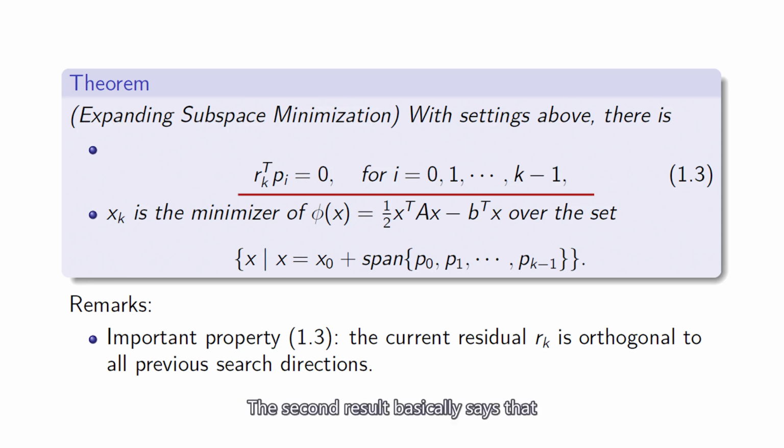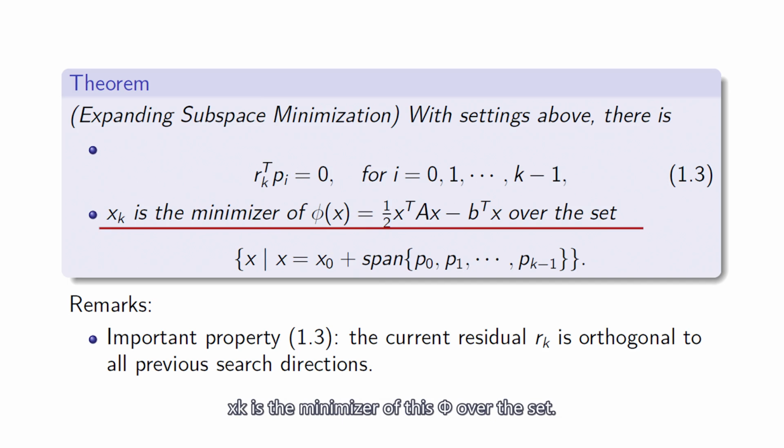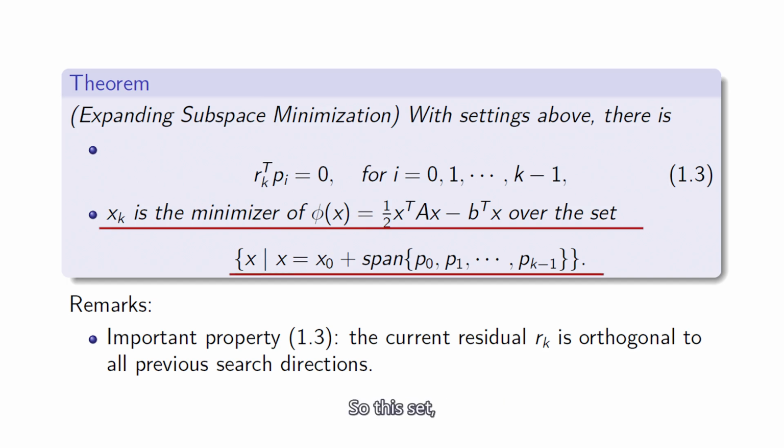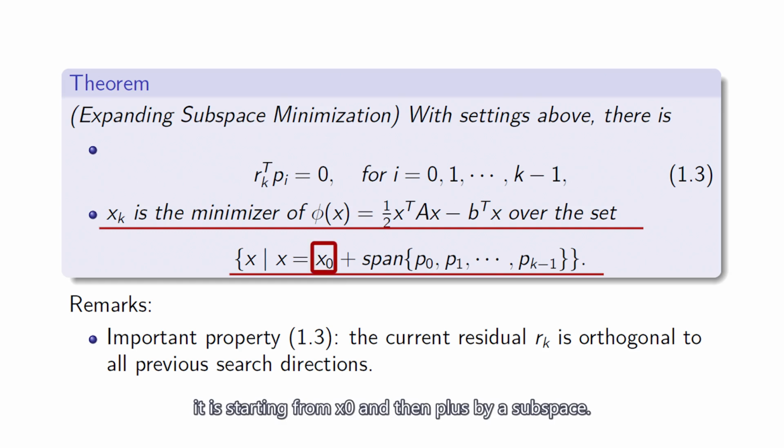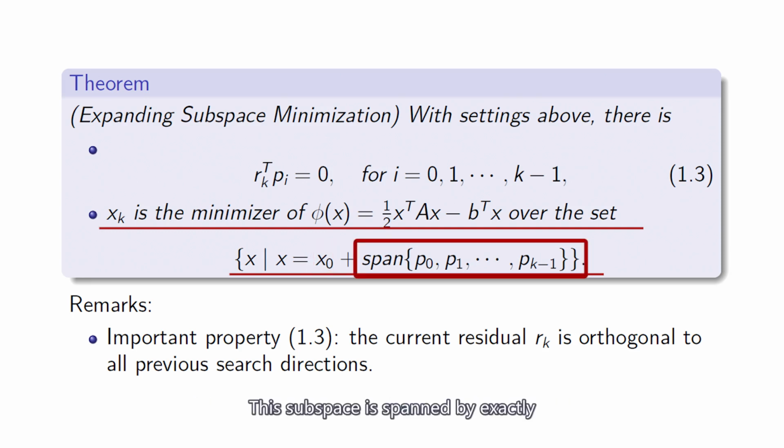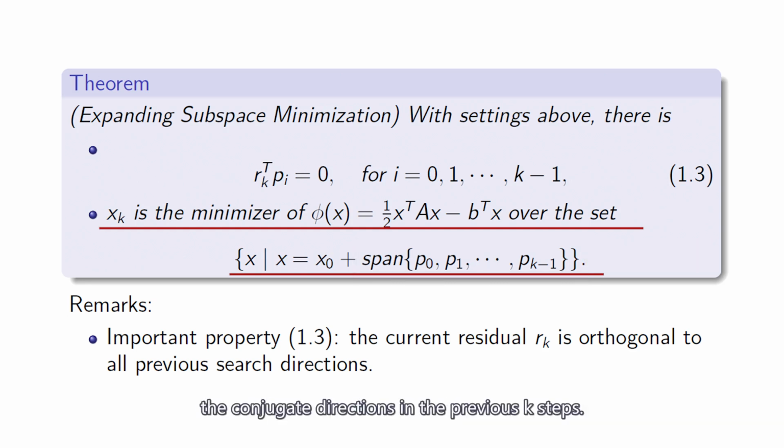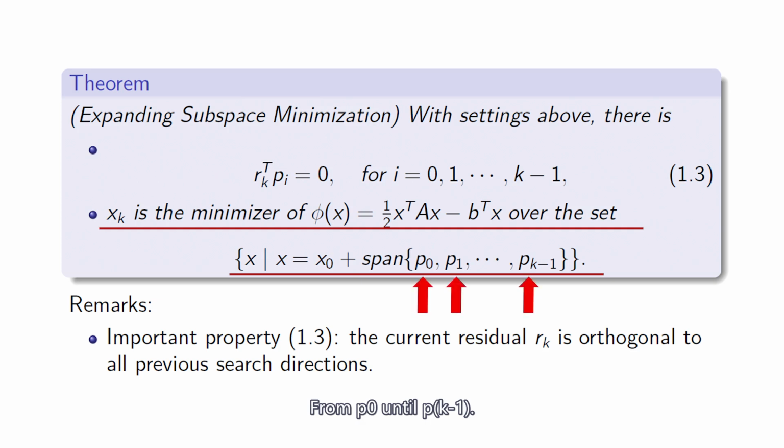The second says that xk is the minimizer of phi over the set x0 plus a subspace, where this subspace is spanned by exactly the conjugate directions of the previous k steps, from p0 until p_{k-1}.